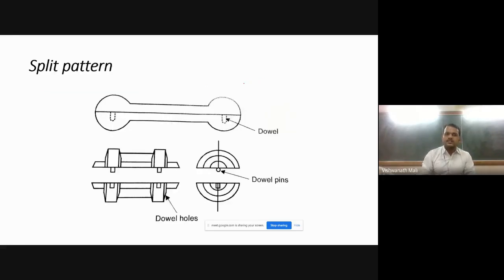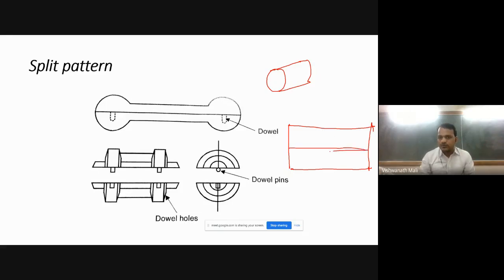But in the split pattern, suppose there is a cylindrical part. Let's take first the drag. So this is the drag. If you take this as a single piece pattern, first of all we insert the molding sand here, then we ram.